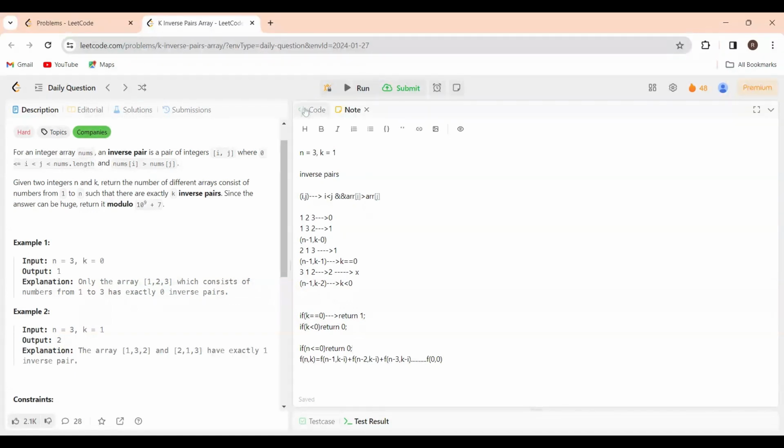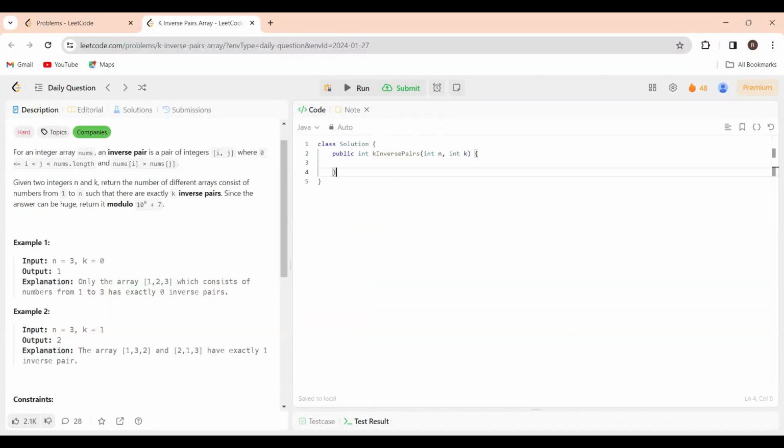So let us quickly solve this problem using a recursive solution. After recursion we will try to optimize it. They said the answer can be very large, so we need to return the modulo here.